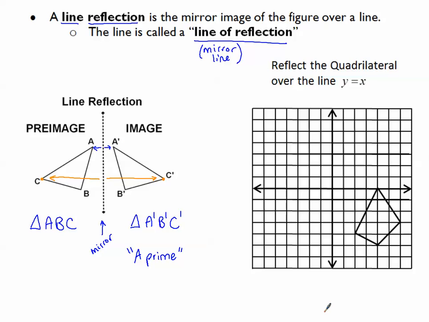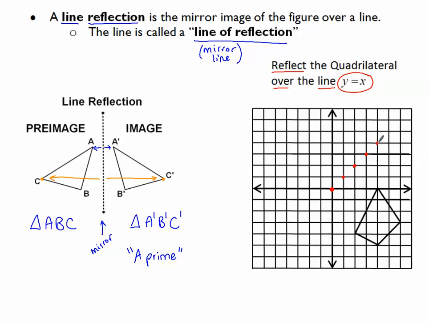Now, mostly what you're going to be asked to do is to reflect something over a line in a coordinate plane, such as the line we're given here, y equals x. Think about how you graph y equals x, starting at the origin, and then the slope is 1. So up 1 over 1, up 1 over 1.